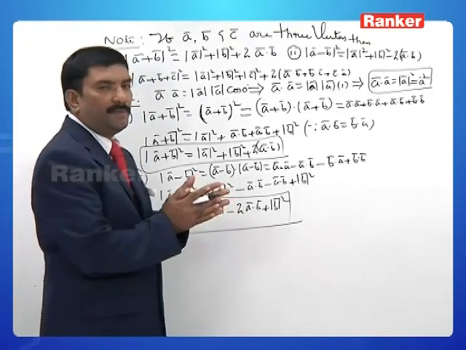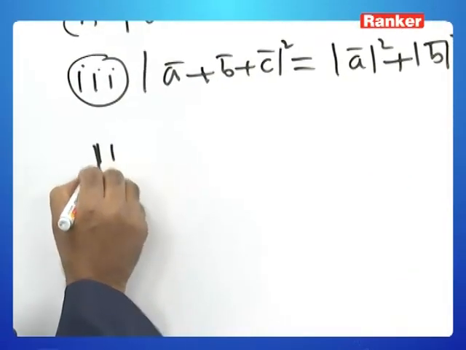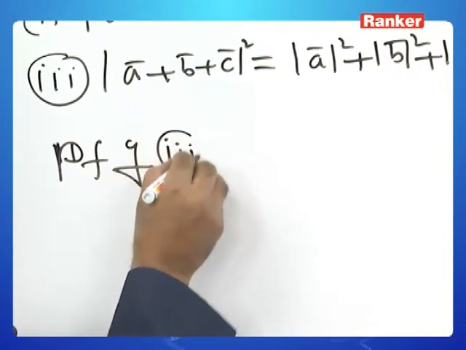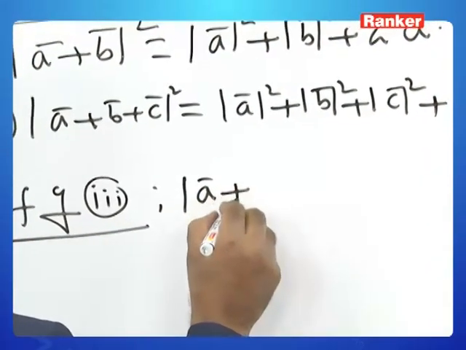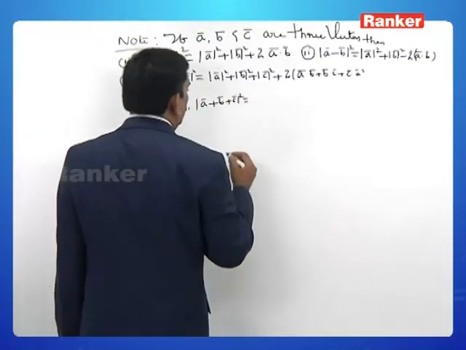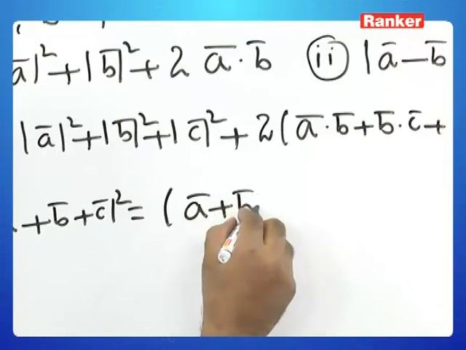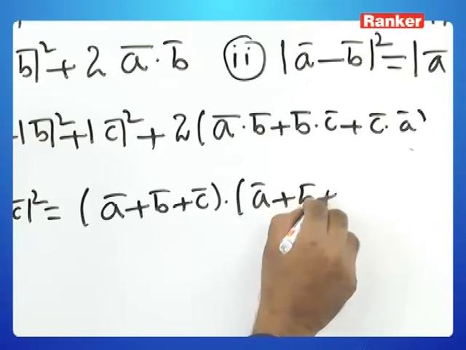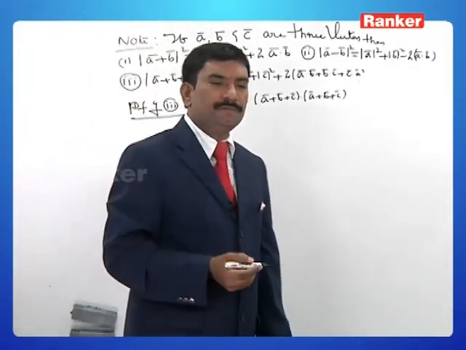Next we have arrived at modulus of A bar plus B bar plus C bar whole square. Let us see. The third one is modulus of A bar plus B bar plus C bar.